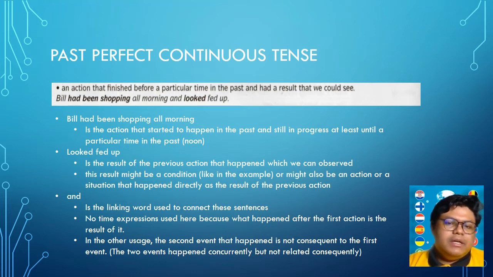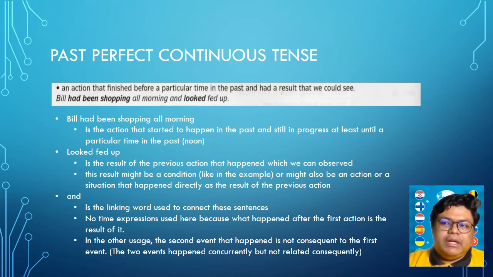Okay, so kalau kita gunakan yang first dengan second usage tadi, action yang kedua tu bukanlah hasil daripada action yang first. Dia macam dua action yang berlaku sama ada serentak ataupun selepas action yang first.